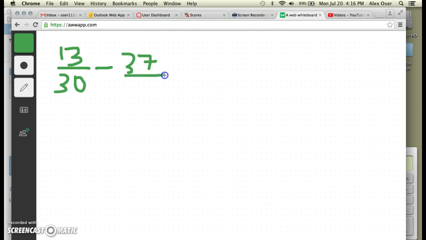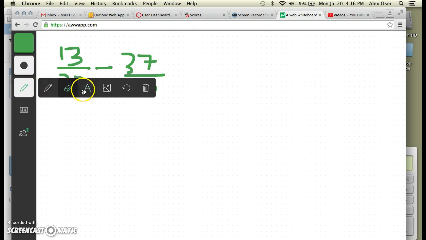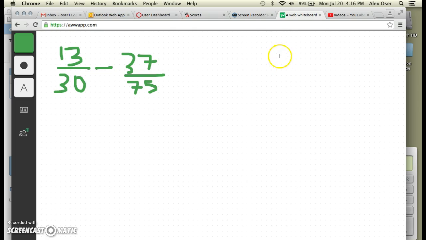Okay. So notice here, guys, that we are subtracting two fractions. If you are adding or subtracting two fractions, you have to have what we call a common denominator.